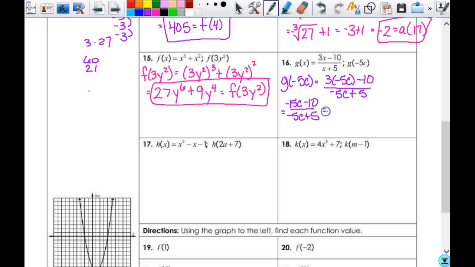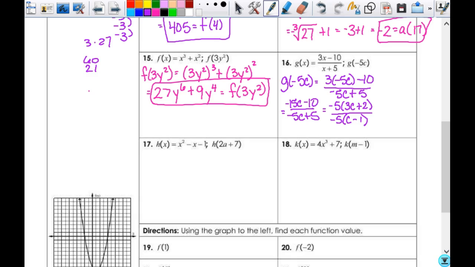So in the numerator, the GCF is -5. So that's going to leave me with 3c plus 2. And then in the denominator, we get -5, and then that leaves me with c minus 1. Okay. Now you can just reduce by 5, or -5. That works if everything reduces by that, but that sometimes leads you to do some weird things, especially when you're left with a 1 down there.